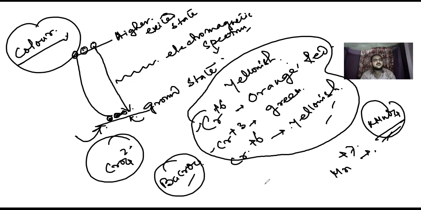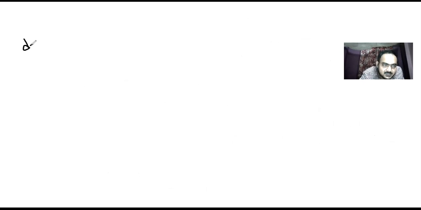Or very fine, shiny, orange color. Okay, so these properties actually depend upon their electronic transition. This is known as the d-d transition. What is the d-d transition?